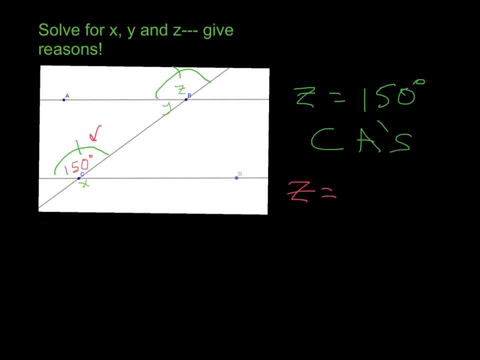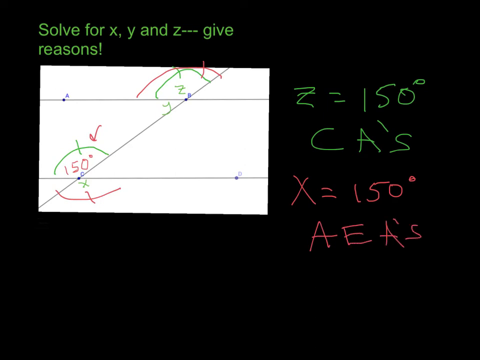Oops, sorry, that was supposed to be an X. I also know that it is a certain type of angle with angle Z, and it is a little bit tough to see in this diagram, but these are alternate exterior angles with angle Z. So this has got to be 150 degrees. Once again, we have two reasons here: vertical angle with 150 degrees, and alternate exterior angles with angle Z.